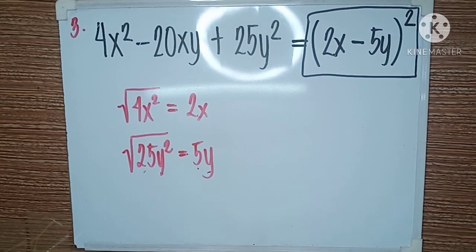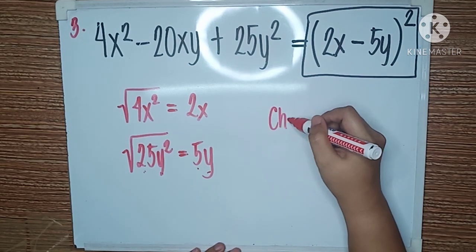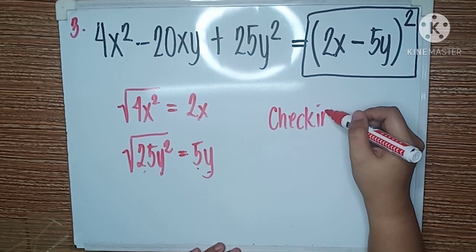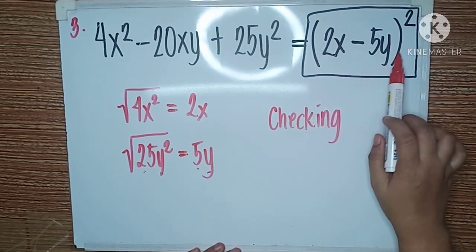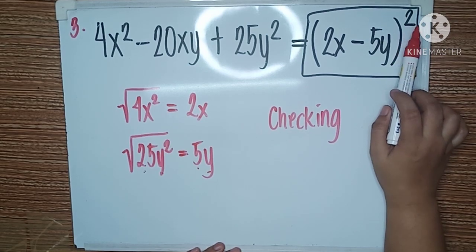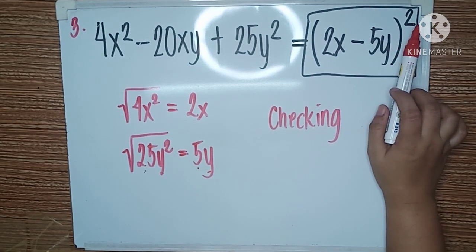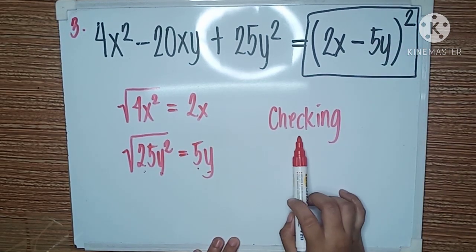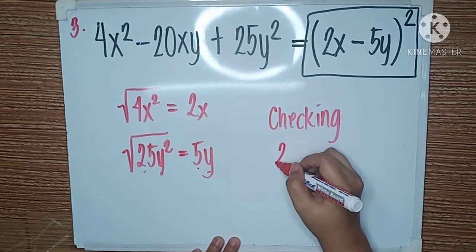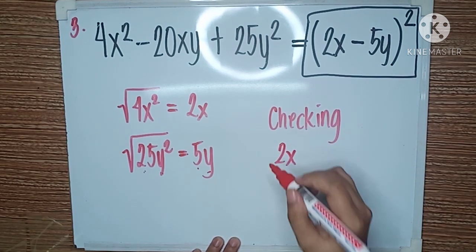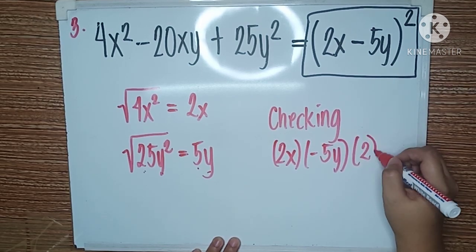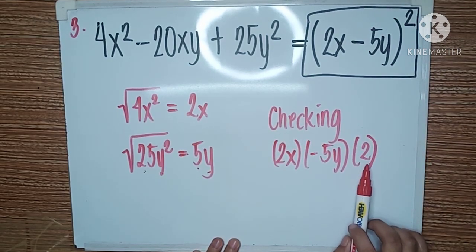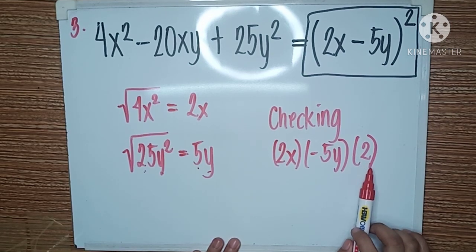Let's check. For the checking, kung tama nga ako na ito ay perfect square trinomial, we will multiply these factors. So, si 2 na exponent, hindi natin siya titignan as exponent for the checking. Okay? So, 2x times negative 5y times 2. Hindi siya exponent, base siya ngayon dito sa checking.